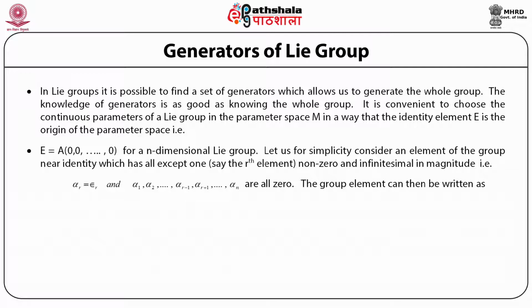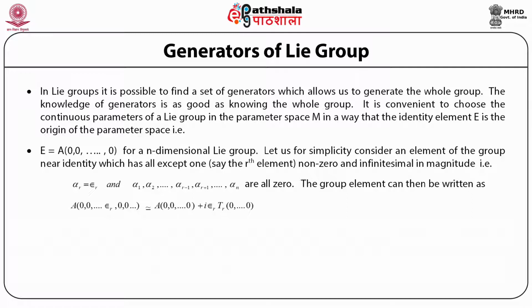And since this relationship is analytical, we can write A(0, ..., epsilon r, ..., 0) as A evaluated for all values of parameters 0 plus i times epsilon r times some operator which we call T r at 0, 0, 0.